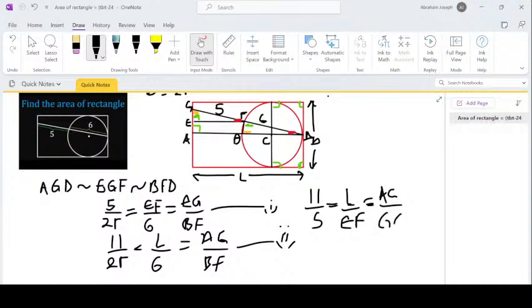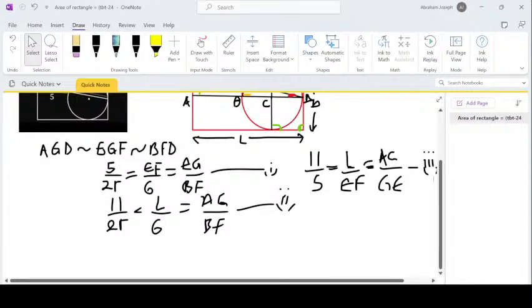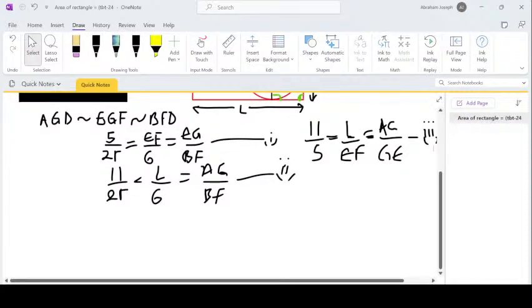We'll call this equation 3. With these three equations, what happens if we multiply EF over 6 by L over EF?